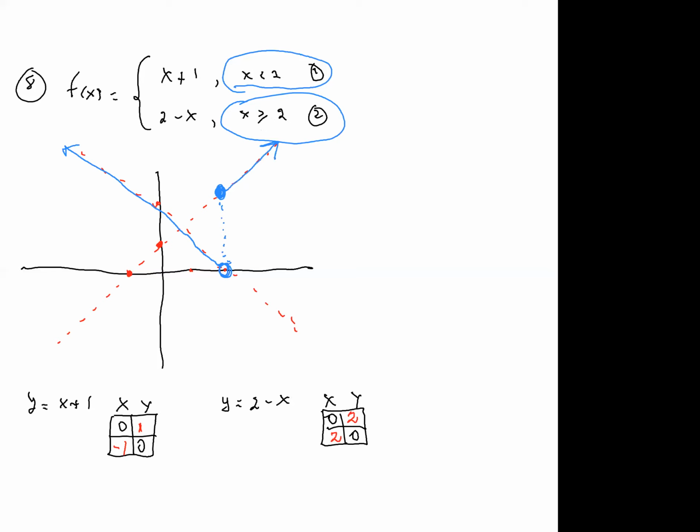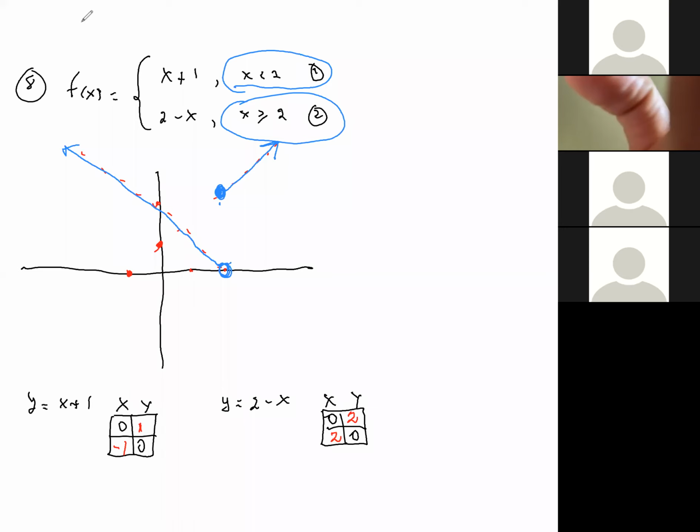Now at this moment, you don't need this part. Don't need this part. Also this one. This one will be my new graph. Now the question, is this one a function? Yes, because if you draw a vertical line, it passes. No matter in which part you do the vertical test, it passes.